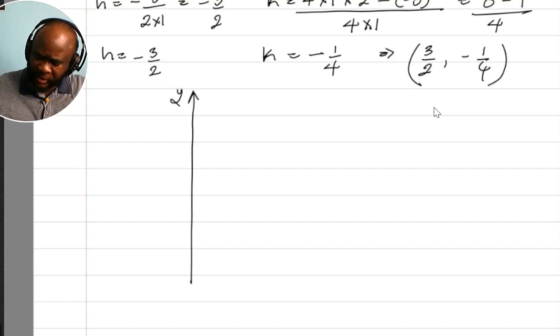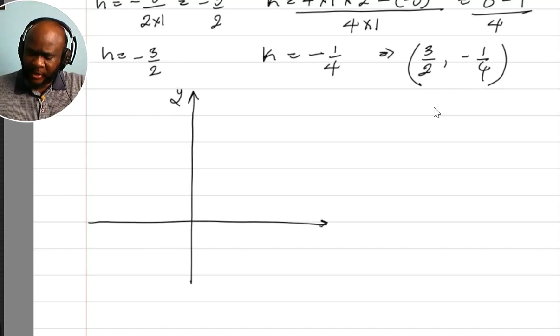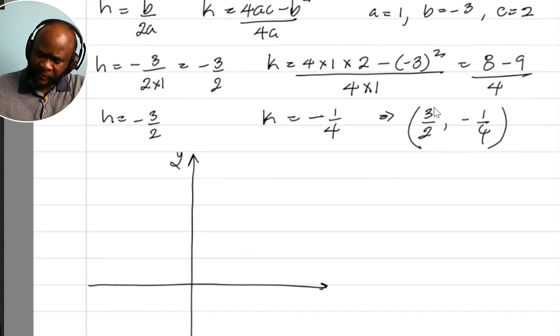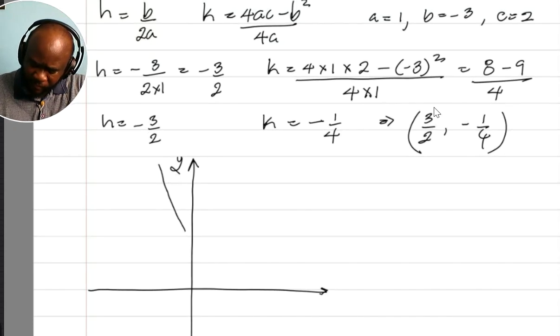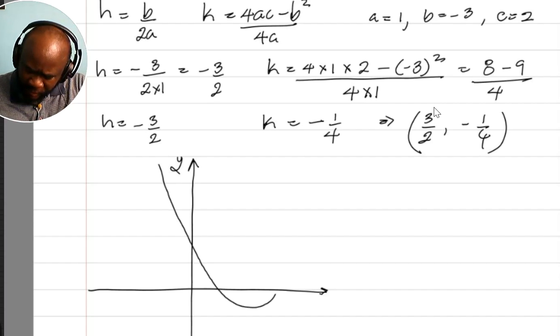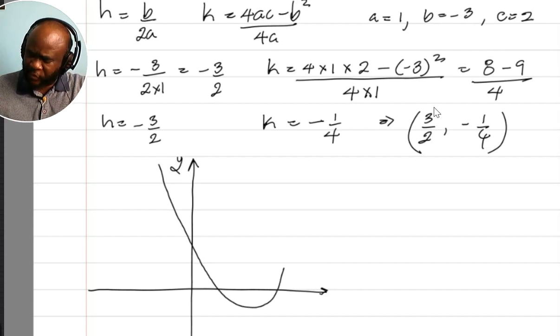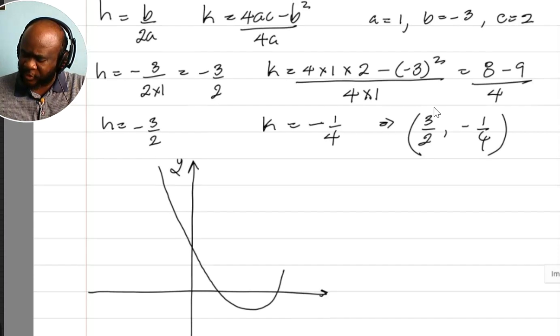There's the x-axis. From the relation, the y-intercept is 2. And 3 over 2, minus a quarter, is the turning point.